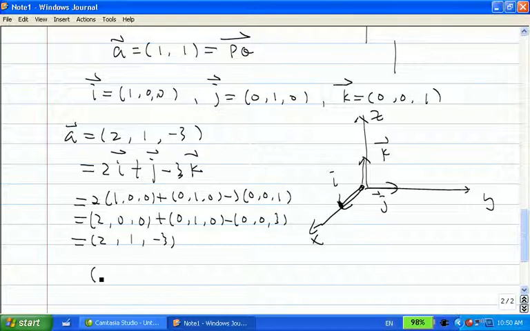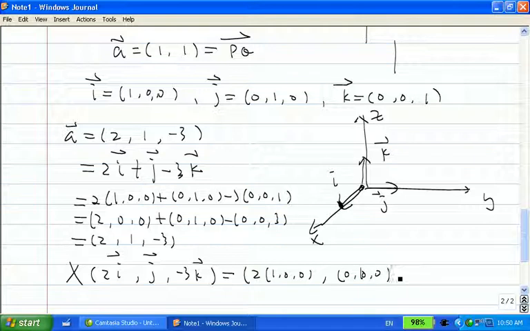So one thing I want you to be careful about, you don't write it this way, okay? That's a common mistake. This way means 2 times (1, 0, 0), and (0, 1, 0), and -3 times (0, 0, 1).